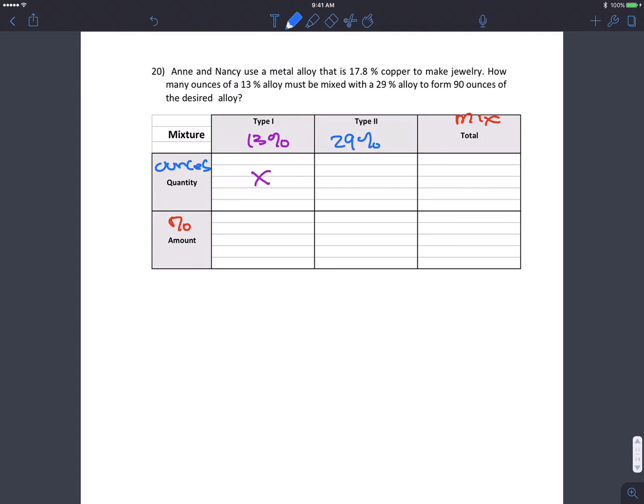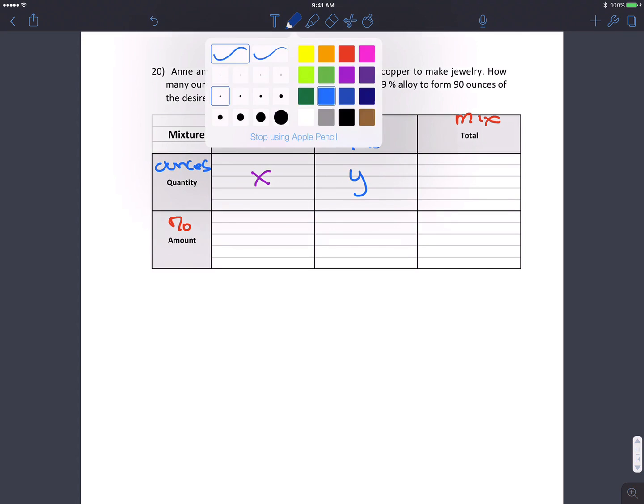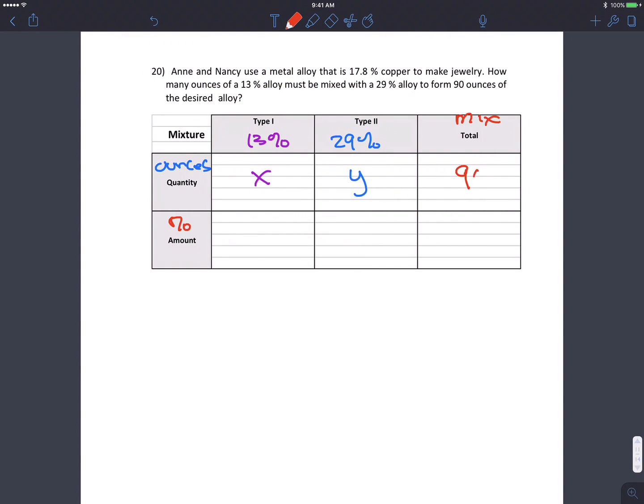How many ounces of 13% must be mixed with 29%? And notice again, it's silent on the type 2. We're going to call that Y. To form 90 ounces means that the sum here is 90. And they're calling this the desired alloy. So let's go back. The desired alloy here is actually 17.8%, so this is a 17.8% mixture.